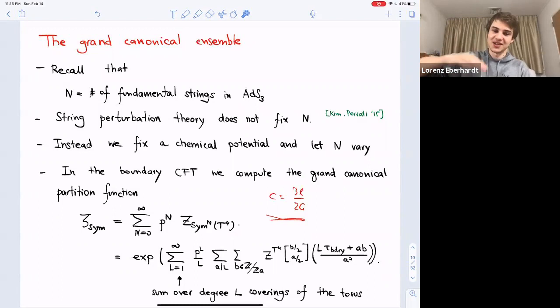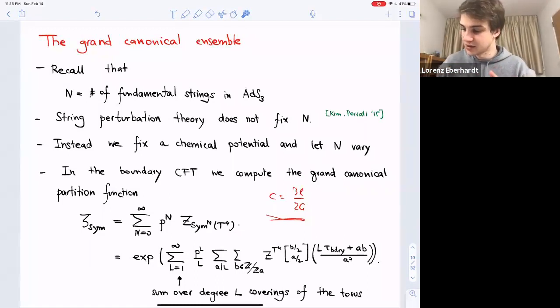And that just means you take N copies of T4, but going around the cycles of the torus, I mean the T2 where the CFT is defined, you can permute these copies of the torus in some way. So in other words, what you need to do is to sum over all the possible unramified coverings of the torus.